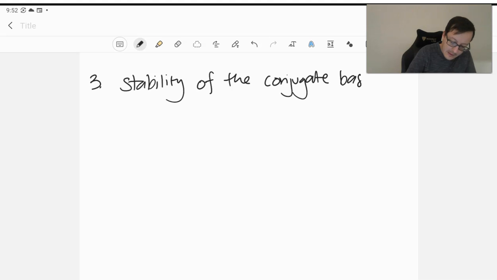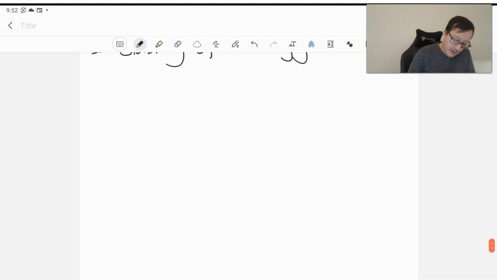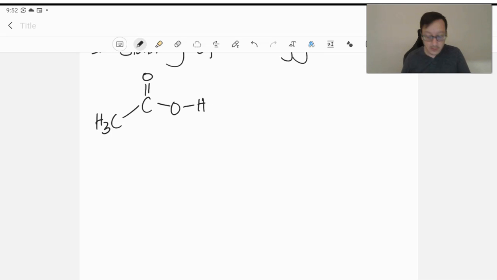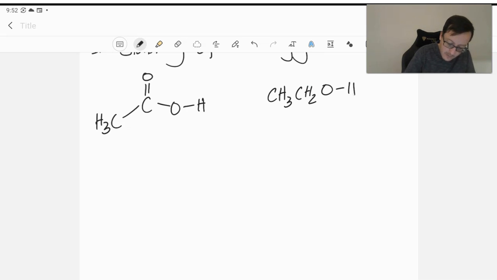So when we're looking at these, for example, if we consider acetic acid, and we're looking at that proton there on the right, versus something like ethanol, also looking at the proton on the right.